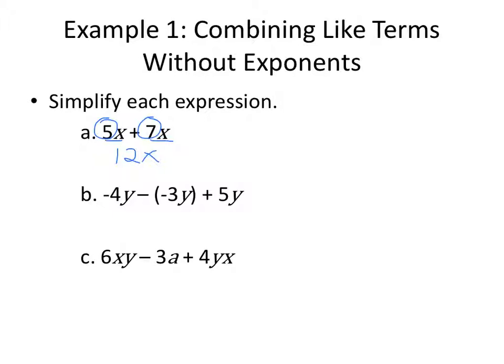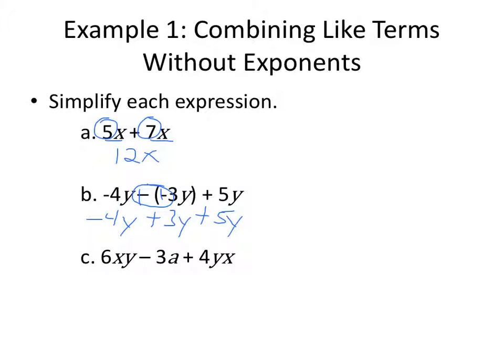With letter B, what we're going to want to do here is simplify these signs right here. If you recall, subtracting a negative is the same as adding the inverse. So if we rewrite this in simplified form, we'll have negative 4y plus 3y plus 5y.